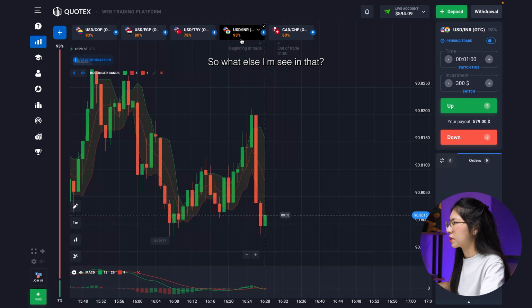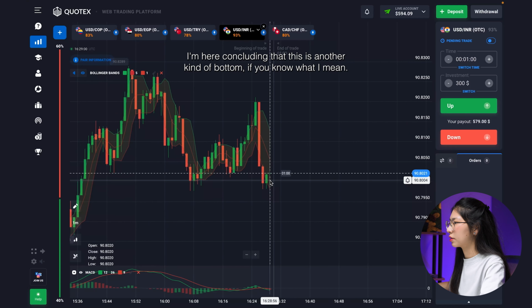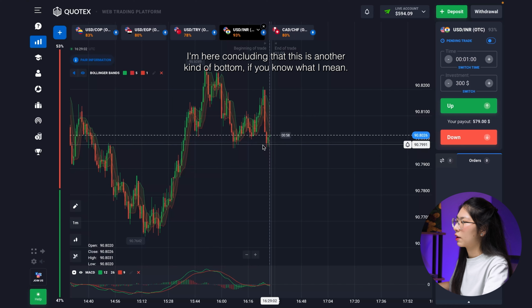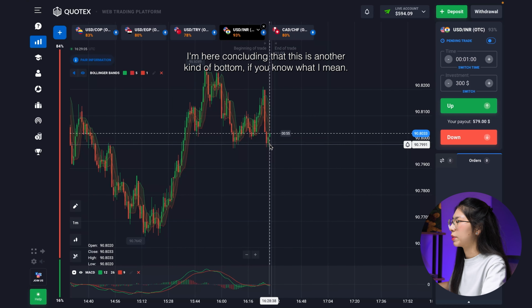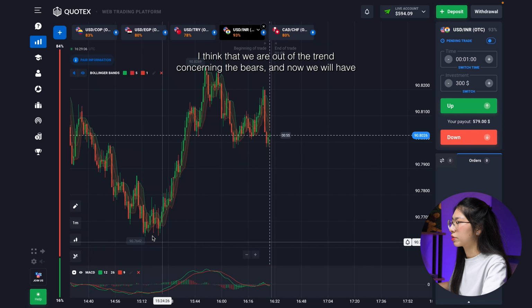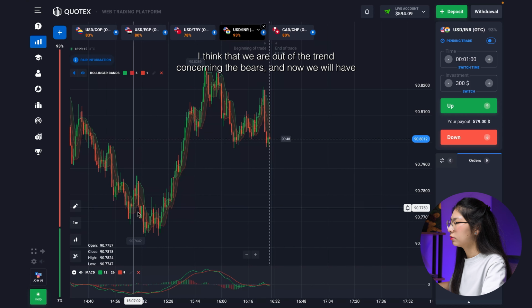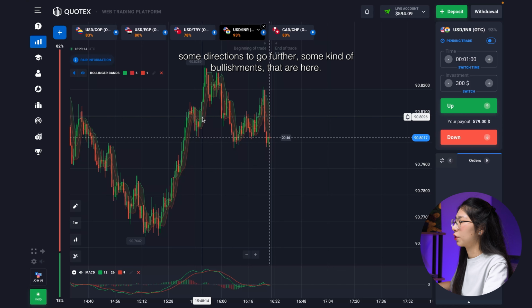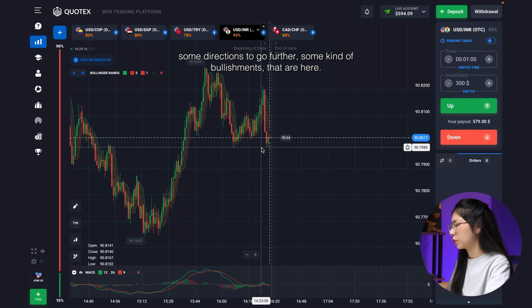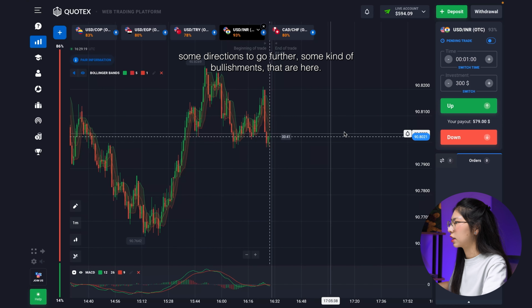What else am I seeing? I'm concluding that this is our current bottom, if you know what I mean. I think we are out of the bearish trend, and now we'll have some direction to go further, some kind of bullish movement, and that is here.